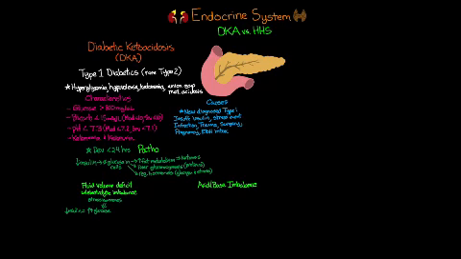As well as we're also going to see the production of those ketones. In addition to that, we also have the catabolism of protein stores, which is again going to further elevate that glucose level.